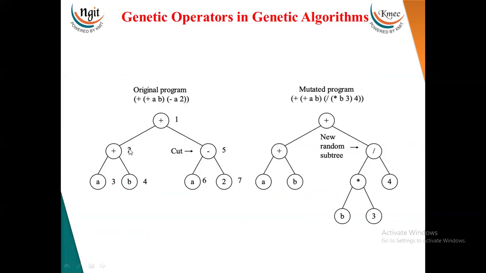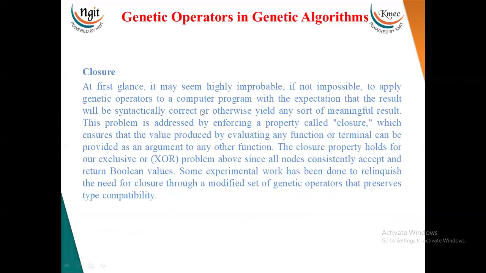In this example, the output of this 4AB into 3 is input to this particular function. If these two functions are not properly organized, it will create a problem of closure. So I have to use closure in order to make both work properly.